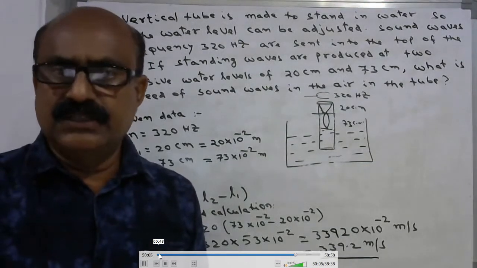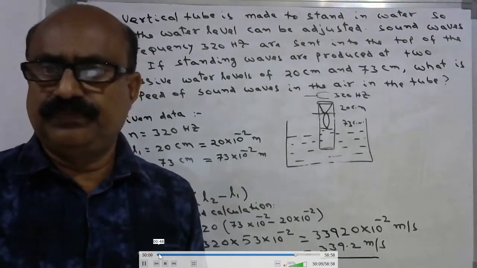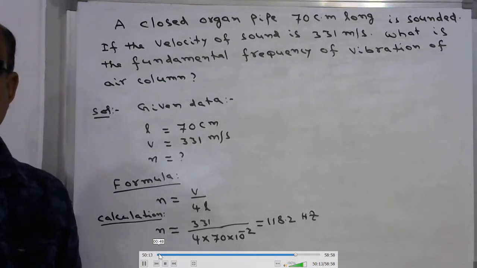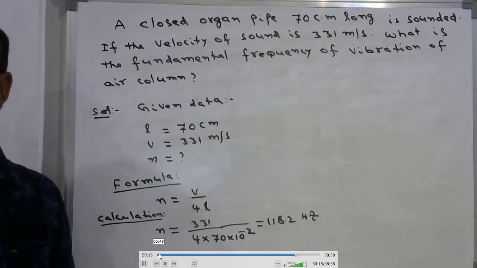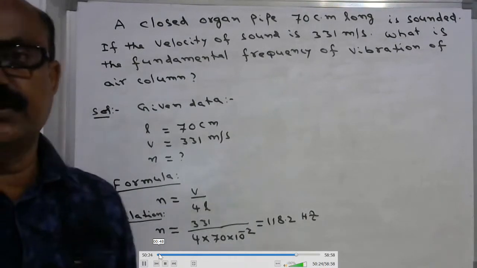Now let us see the next problem regarding open pipe and closed pipe. A closed organ pipe 70 centimeters long is sounded. If the velocity of sound is 331 meters per second, what is the fundamental frequency of vibration of the air column?